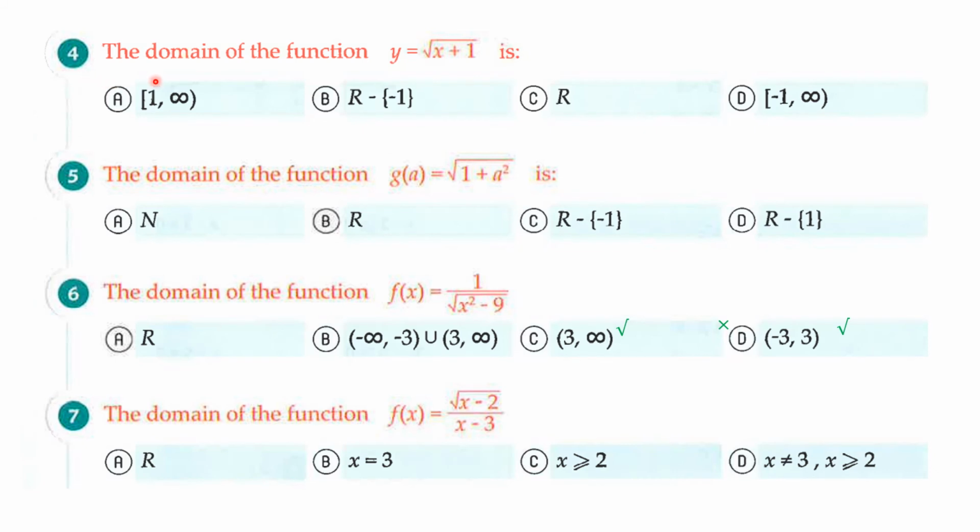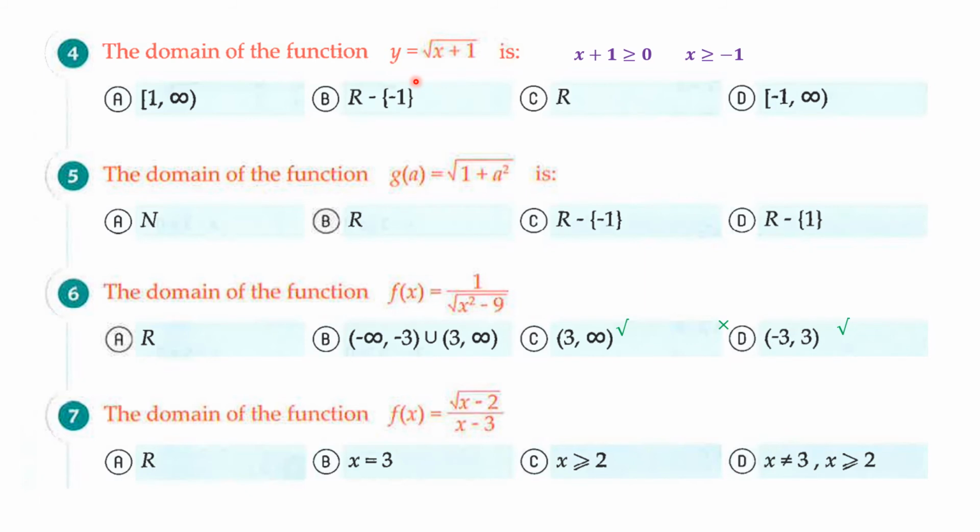Number 4, the domain of the function y equals root of x plus 1 is. What do you think is the answer? What do you want from this function? It's a radical function, and I don't want a negative under the root, right? So what should I do? Set x plus 1 greater than or equal to 0. This is what I want from this function, right?